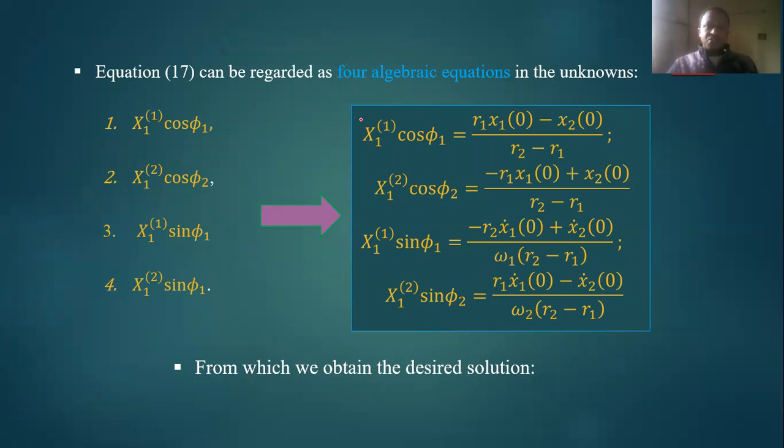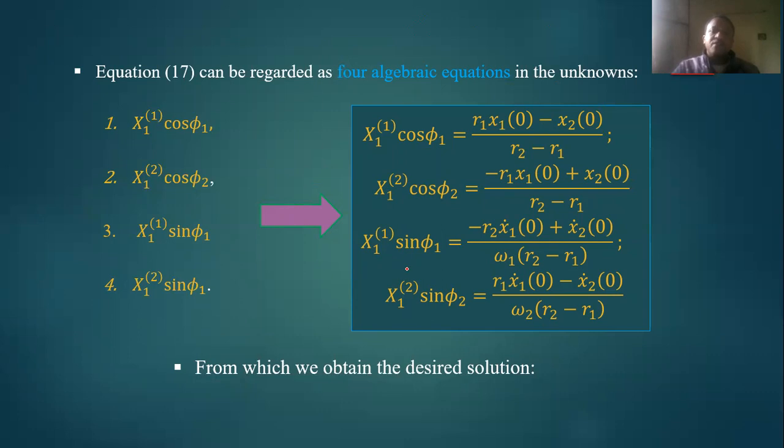So the 4 algebraic equations we have here are from the previous slide. x1 of 1 cos pi 1 is equal to the amplitude ratio, R1 x1 of 0 minus x2 of 0 over R2 minus R1. x1 of 2 cos pi 2 is equal to minus R1 x1 of 0 plus x2 of 0 over R2 minus R1. x1 of 1 sin pi 1, the derivative part, is equal to minus R2 x1 dot of 0 plus x2 dot of 0 over omega 1 times R2 minus R1.